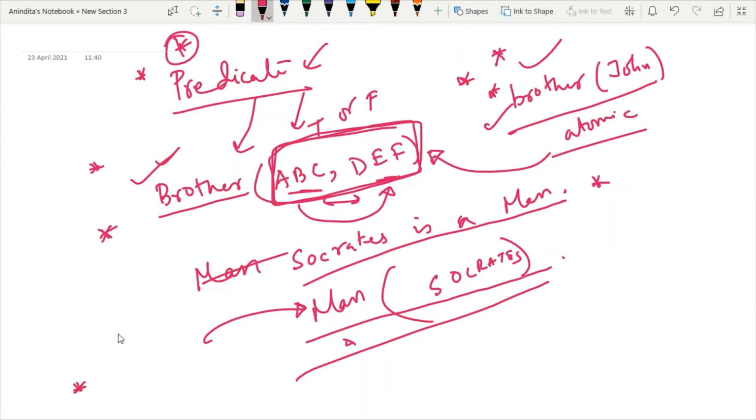So predicate logic is basically a function that denotes an attribute of an object and a relationship between objects. Relationship between objects, we know that. Now attribute of an object means what? I can say feather. If a particular bird X has feather, then I can write feather(X).